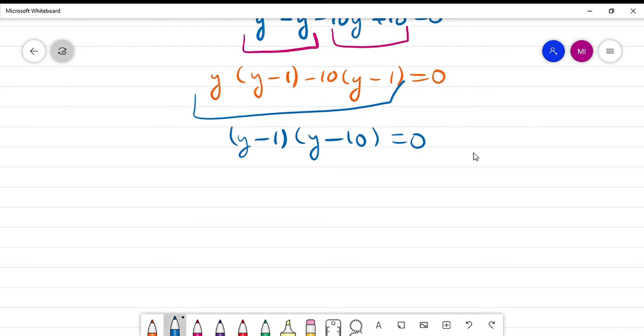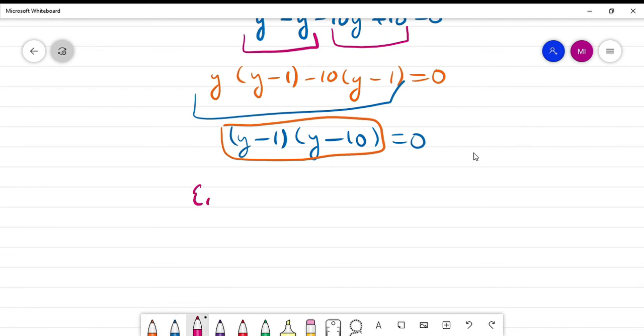So now we can see that as y minus 1 into y minus 10 is equal to 0, one of them has to be 0 since it's multiplying with the other one and the product is 0. But we don't know which one.